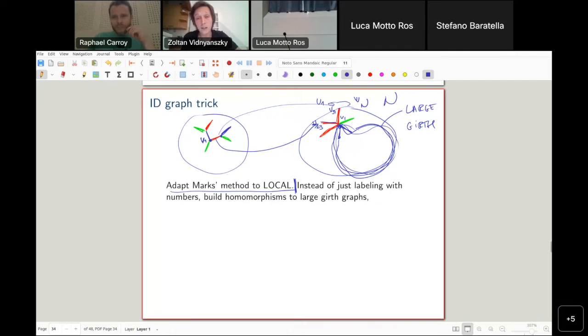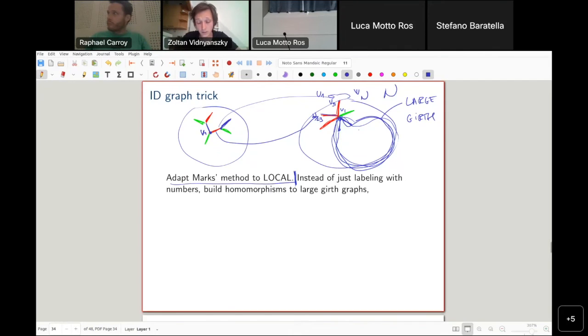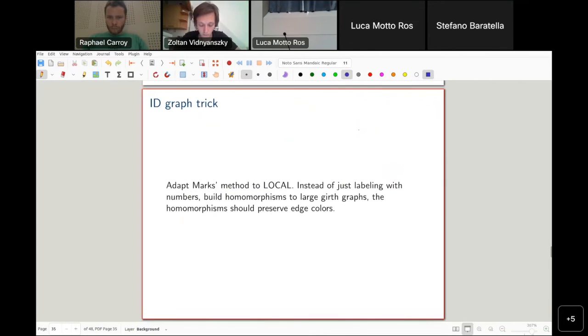And that is the basic ID graph trick which they had in this local model. And then it's sufficient to give you the contradiction in the case of adaptation of this Borel determinacy technique to the local model. So: large girth graph, the homomorphism should preserve edge colors, and then you cannot come back too quickly. Okay, fine.